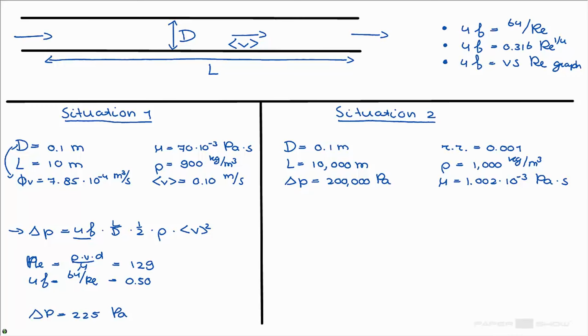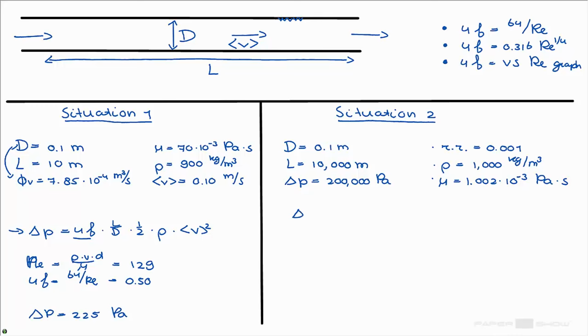Let's take a look at situation 2, which is water. Therefore we have these two variables set. These were not given in the exercise, but you can look them up in, for example, a data companion or just on the internet. We have the relative roughness of 0.001, which accounts for little roughness on the side of the pipe.